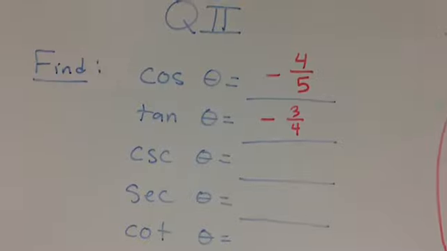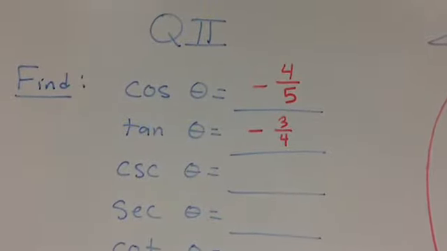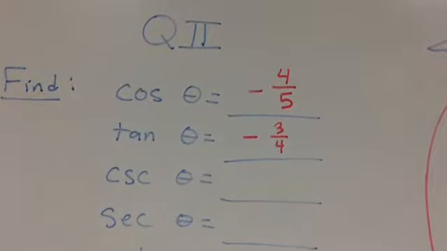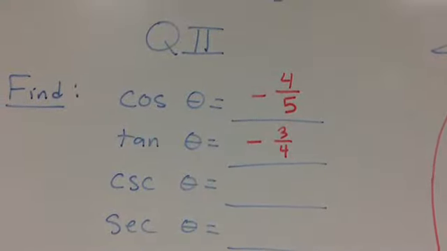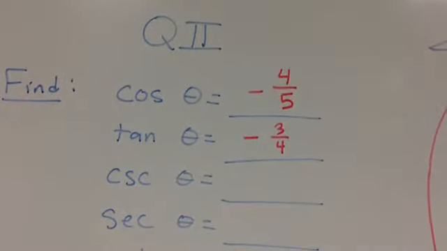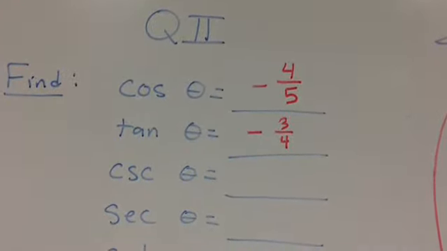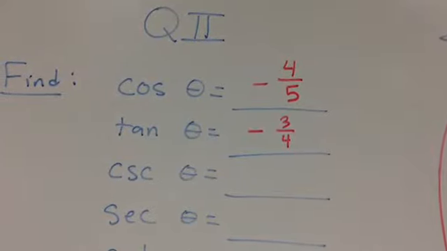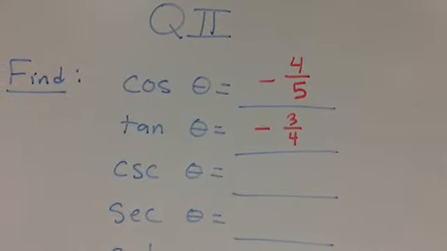When we write in our answer for cosine, where we found that cosine was 4/5, it should be a negative 4/5 because we are in the second quadrant. Tangent, which is sine divided by cosine, should be a positive divided by a negative, giving a negative answer. And therefore, tangent should also be negative.